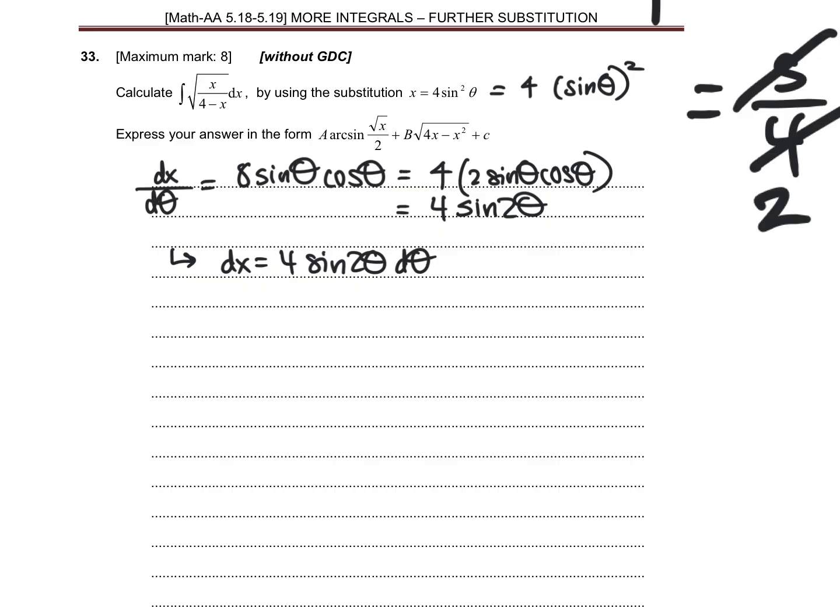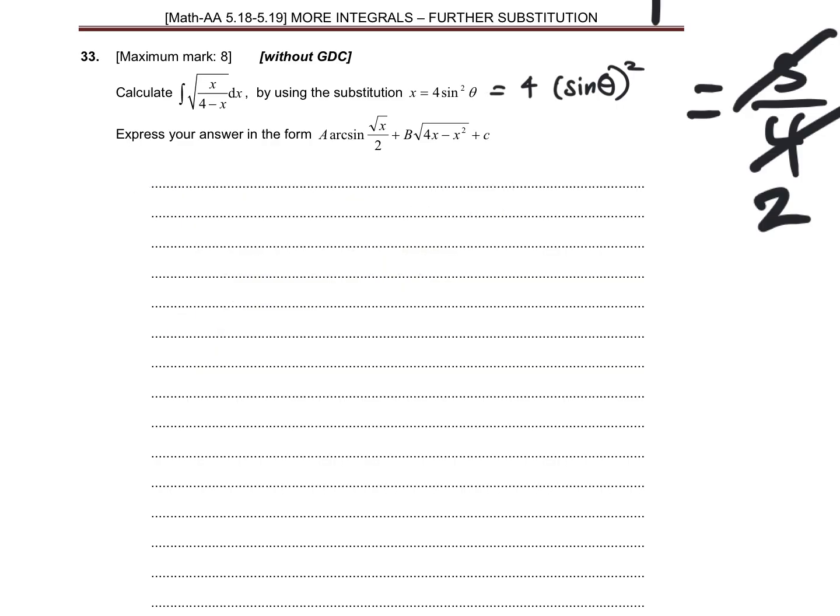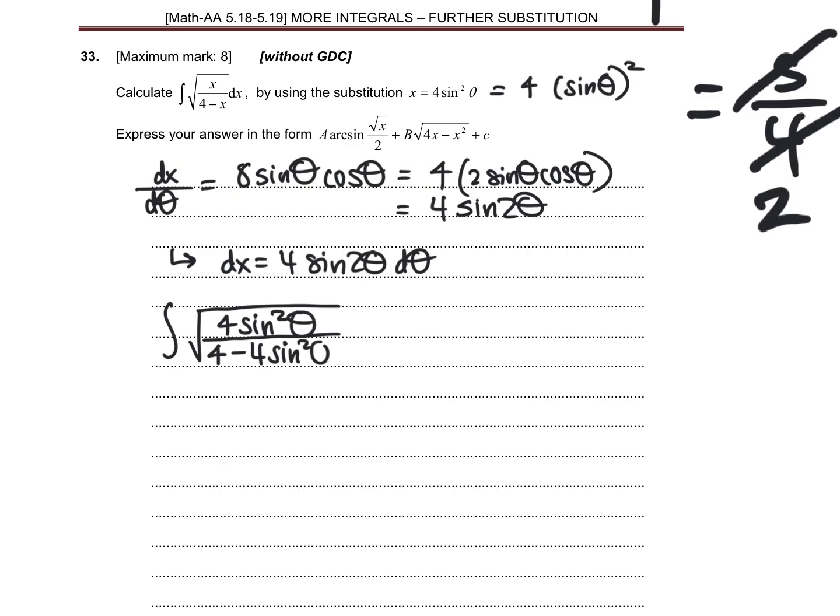Okay, so now we will have our integral is the square root of x, which is 4 sine squared theta, over 4 minus 4 sine squared theta, dx, which is 4 sine 2 theta.